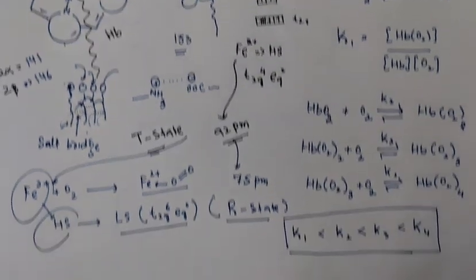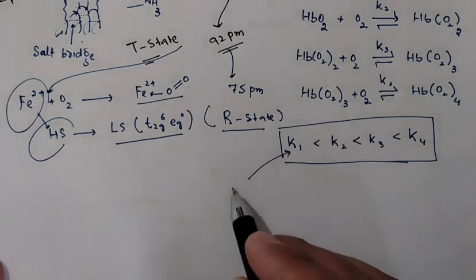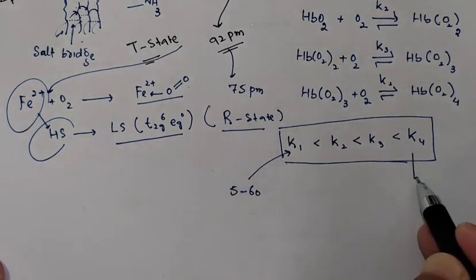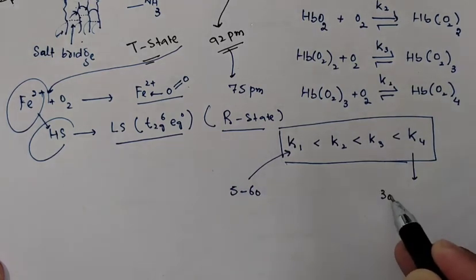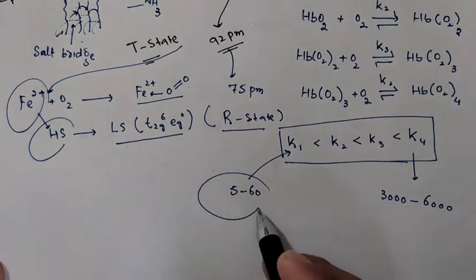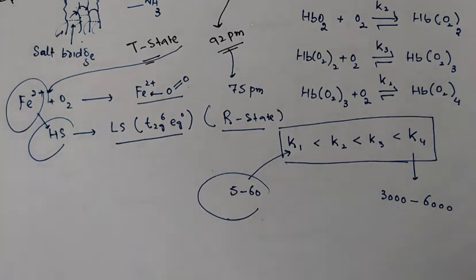And if you want to roughly remember the values, K1 is around 5 to 60, and K4 is 3000 to 6000. Now you can imagine K1 is 5 to 60 and K4 is 3000 to 6000, for this much increase in the affinity of oxygen with the hemoglobin.